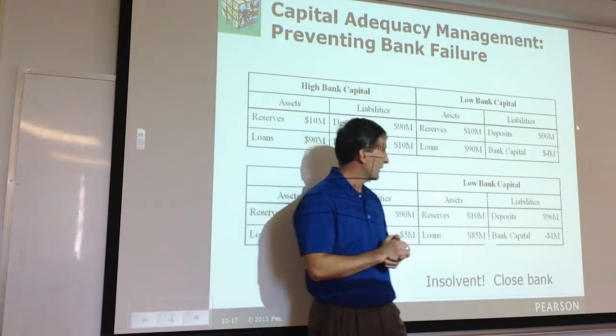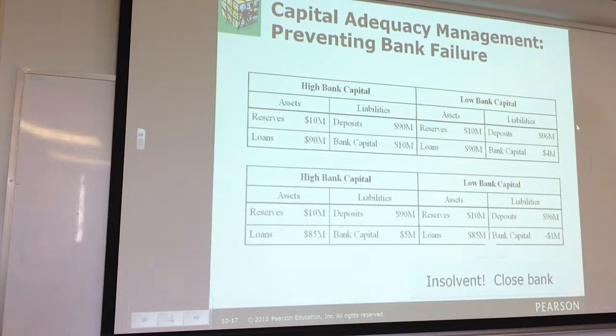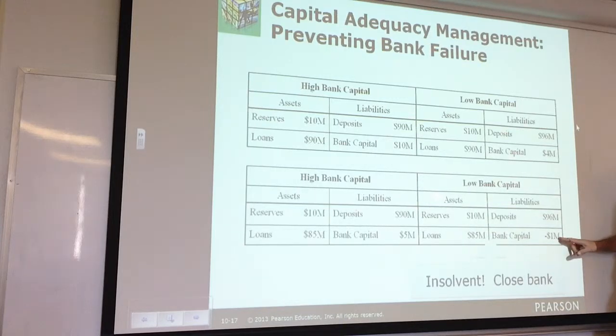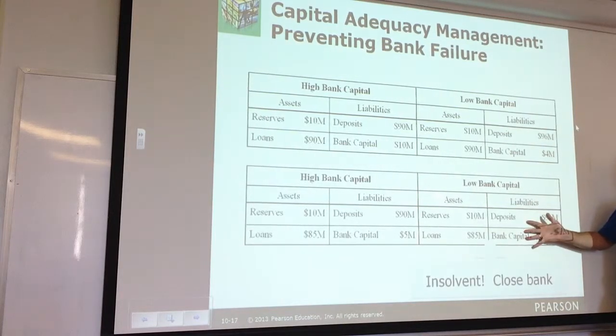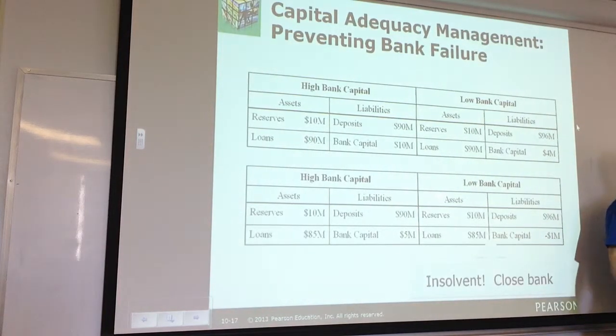All right, so those two issues are not easily understood by a lot of people, but that is what the Federal Reserve's job is, to monitor this so that banks stay decent with capital.